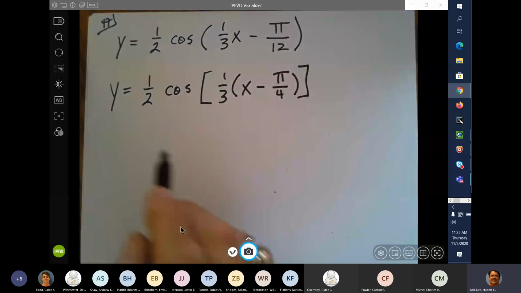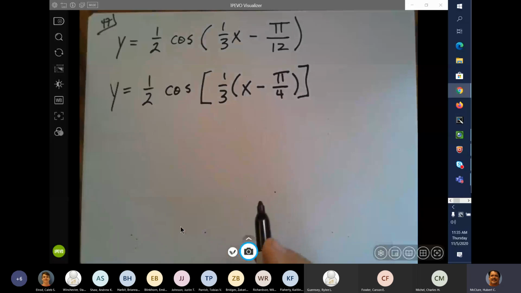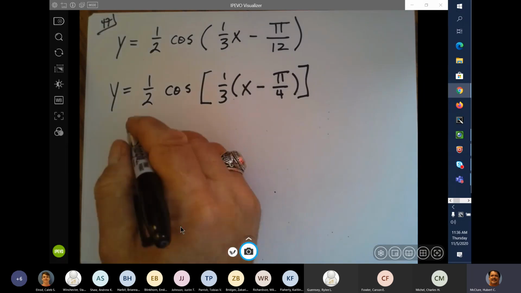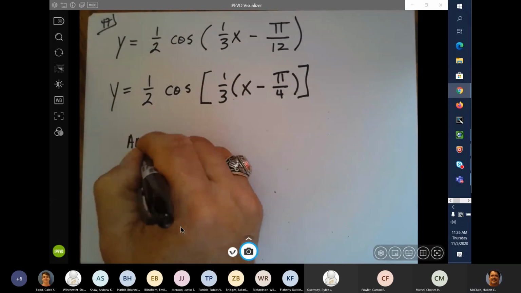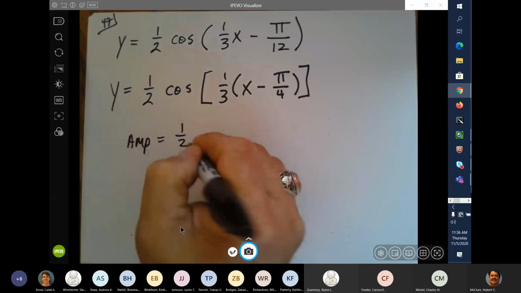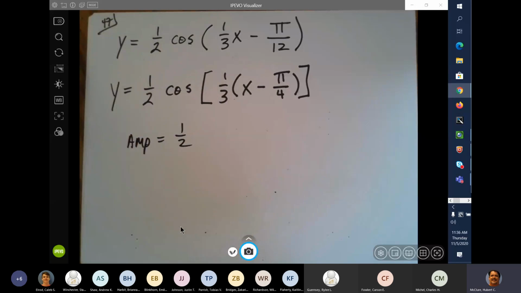Now, this tells you everything you need to know. What I will ask you for on the test from 9.6 and 9.7 is to be able to graph it. And the second thing, I will ask you for the amplitude, which is 1/2.